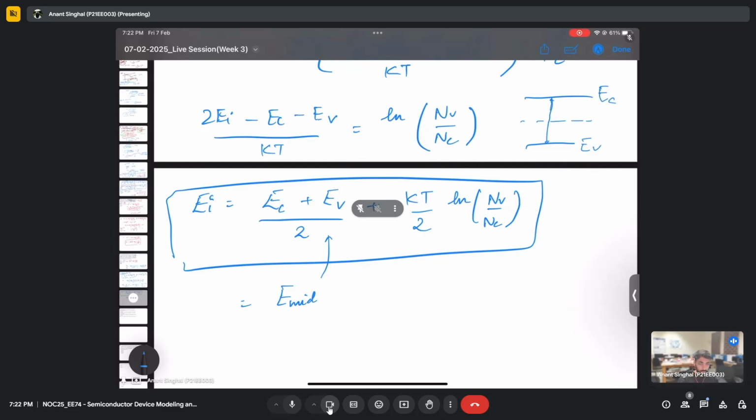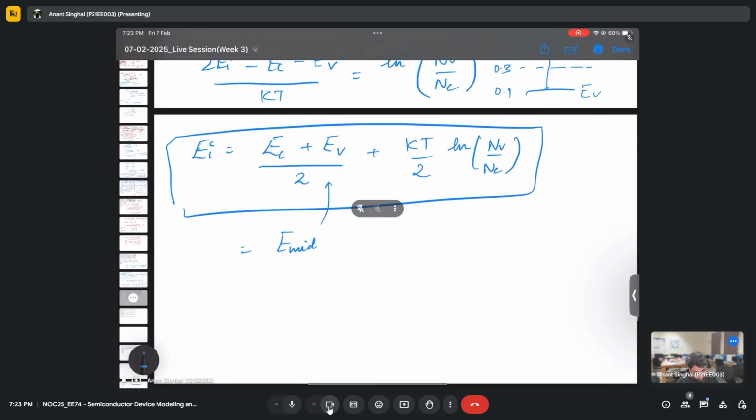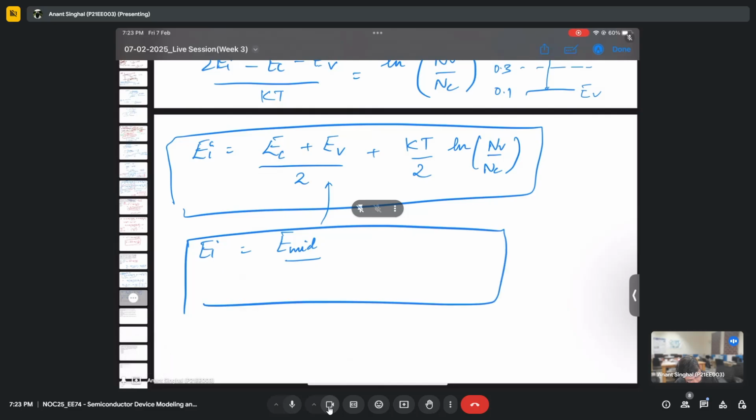So Ec plus Ev will be twice the in-between, and divided by 2 will be the mid. Let's say this is 0.5 and this is 0.1. So this plus this by 2 will be 0.3, right? E mid. This is what I'm trying to say. Is there any doubt? Okay, so Ei is E mid plus this thing. This thing is kT by 2 ln Nv over Nc.